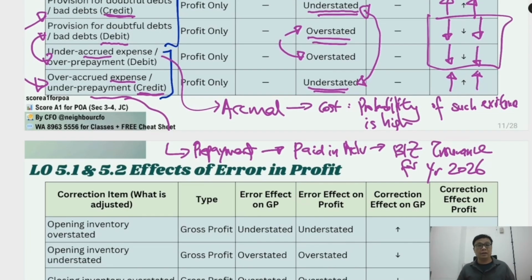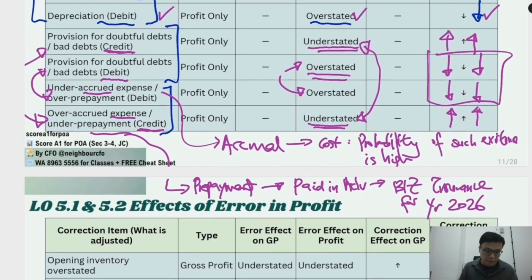Typically that's the case, we pay insurance in advance, and every month we enjoy the insurance coverage. And when we enjoy the insurance coverage, this is where we reclass the amount from the prepayment to become actual paid expenses, to match the period that we enjoy the insurance coverage.